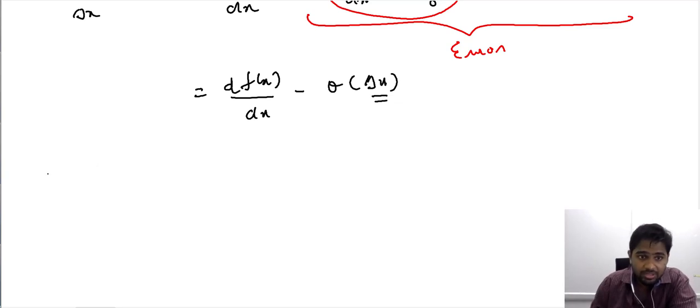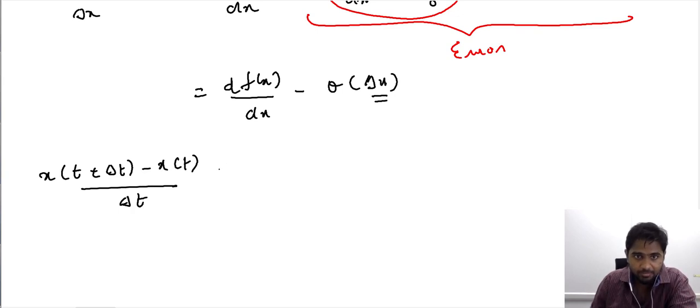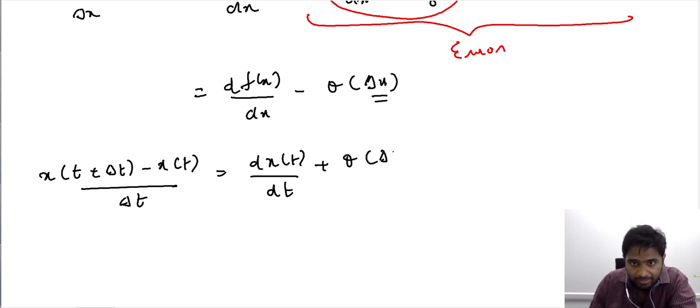So the forward difference for the nucleation rate would be of this form: dx of t by dt, and this would be of the order of delta t.